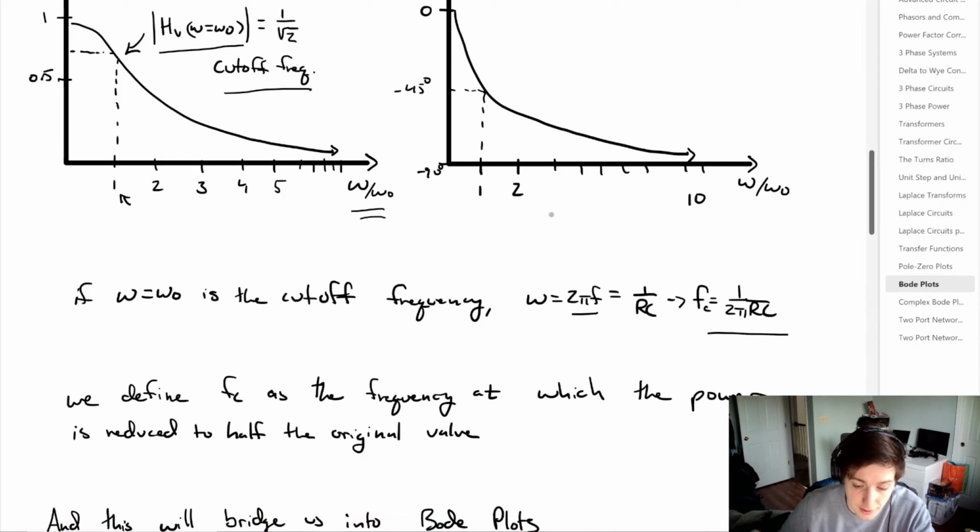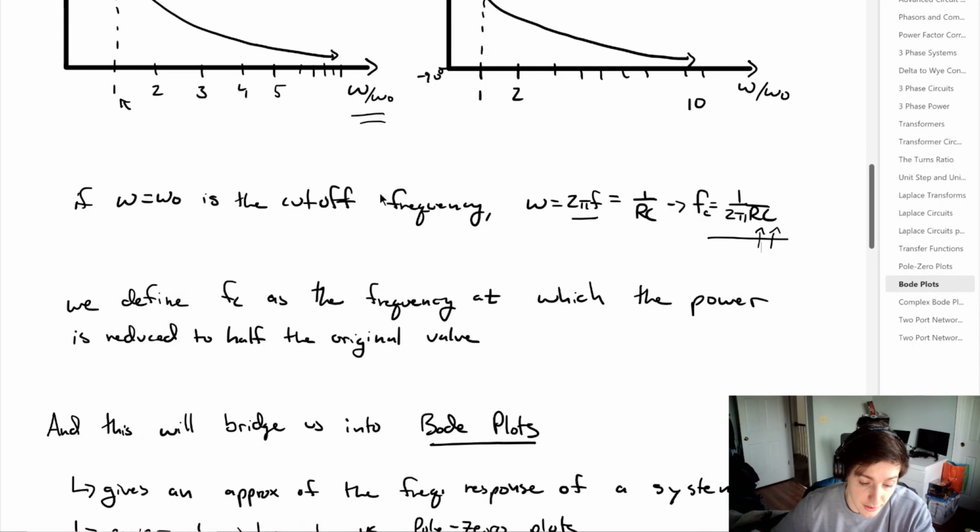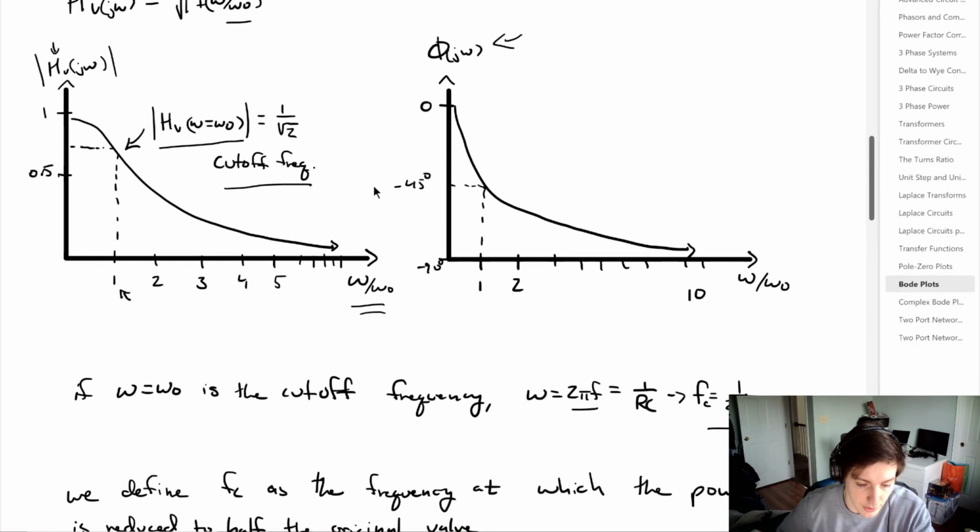So you can see that the cutoff frequency changes depending on what R is, or depending on what C is. And again, we simply define the cutoff frequency f_c at the point at which the power is reduced to half its original value. In this case, if we scroll back up, we can see that at the cutoff frequency the amplitude was equal to 1 divided by the square root of 2.